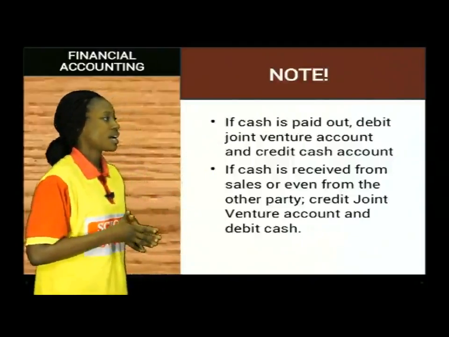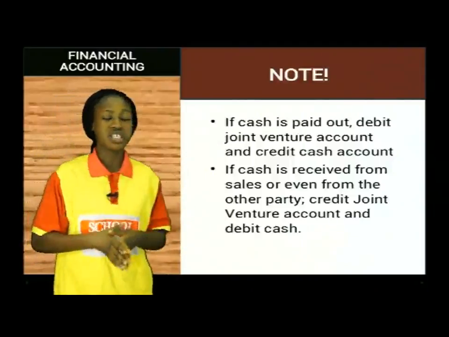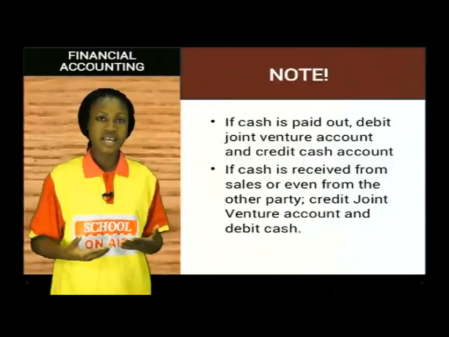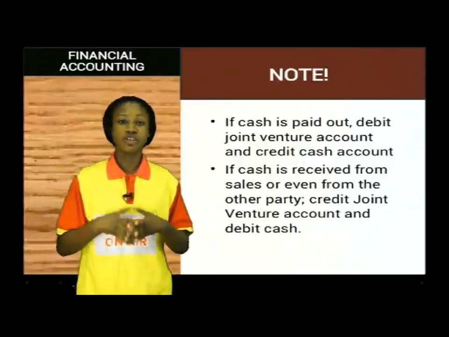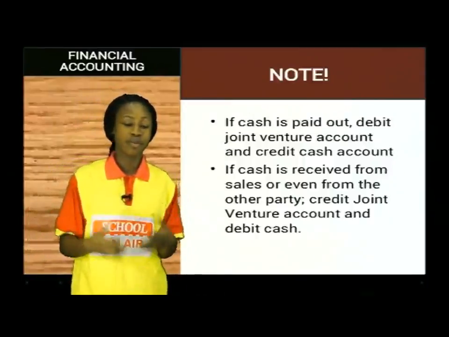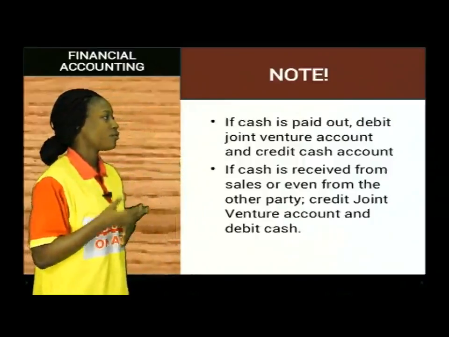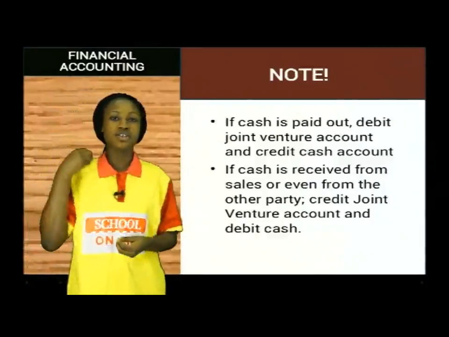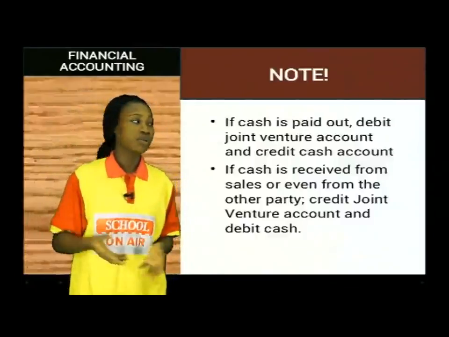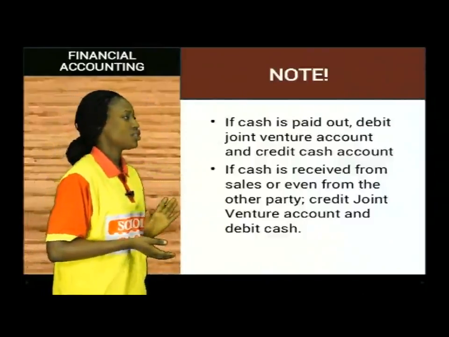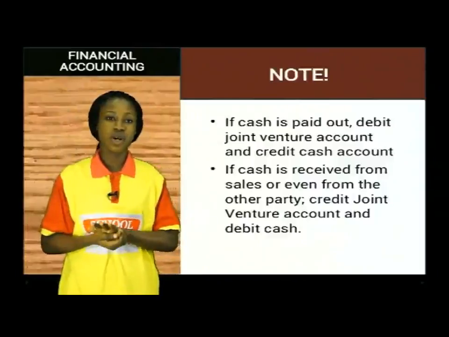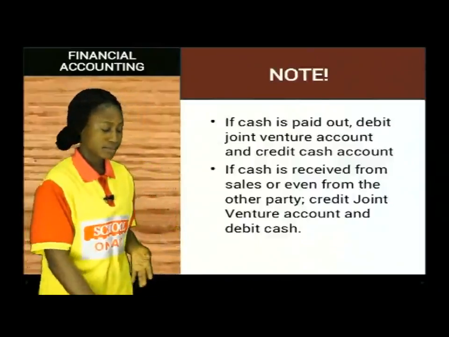Then if cash is received from sales, I said it at the beginning that we are going into the venture to make sales, to sell things, to make profit. Now, if cash is received from sales or even from the other party, maybe Mr. A is contributing a particular amount to the venture, you credit your joint venture account and you debit your cash account.